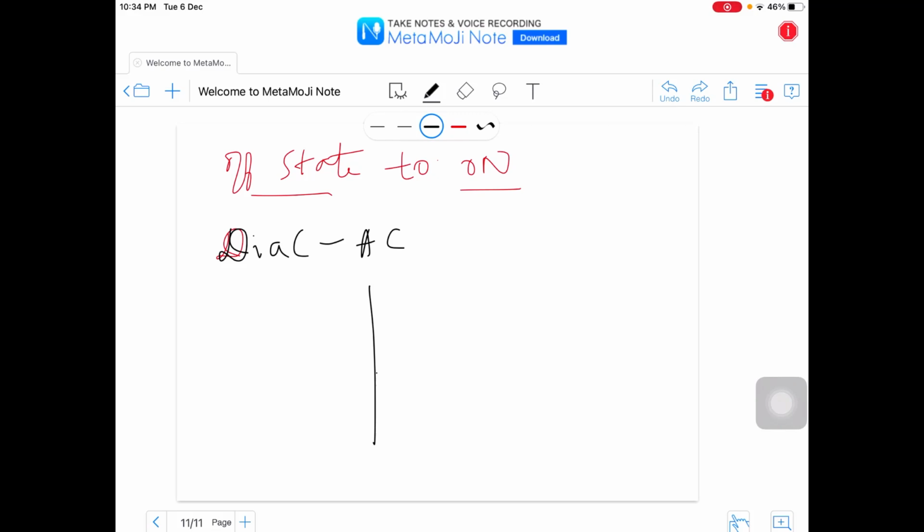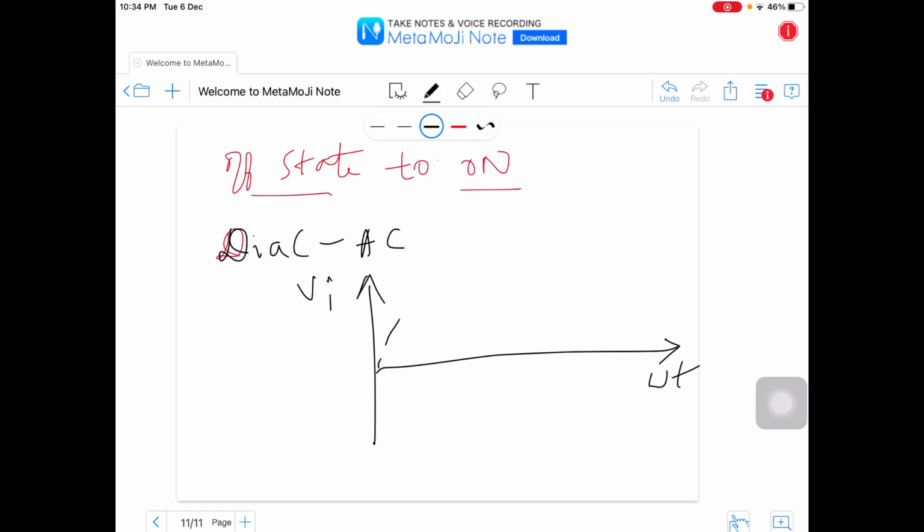Suppose this is omega T. This is the input voltage Vi. The load current flows only when the supply voltage exceeds the breakover voltage.